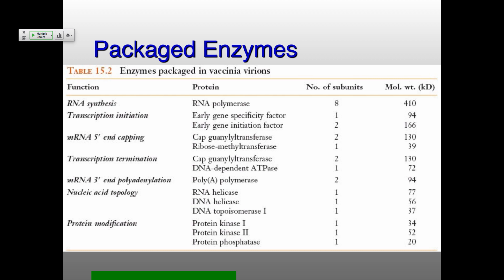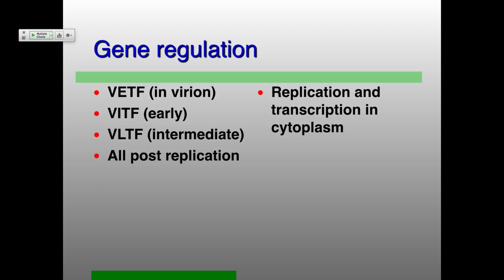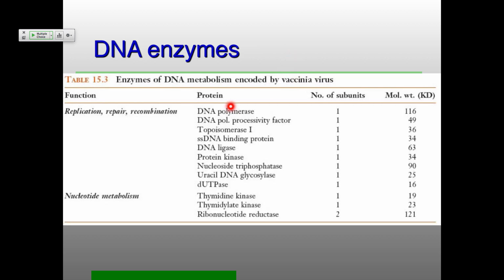These are the things which are packaged inside the virion. Then they will make, as some of their proteins later on, your classic early genes for making genome. They've got their own DNA polymerase. They have their own processivity factor, topoisomerases, single-stranded DNA binding proteins. Basically, you name it, they're here.